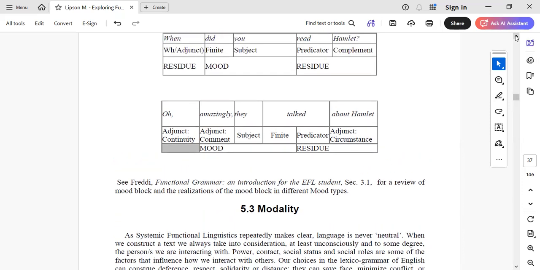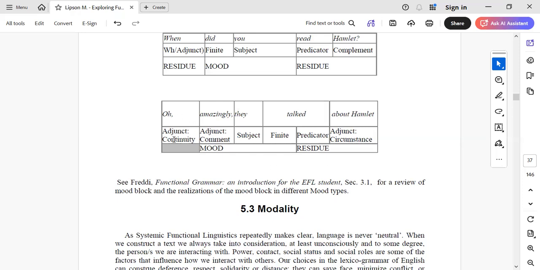For example, here you can see: oh, adjunct continuity; amazingly, adjunct comment; they, subject; talked, finite and of course predicator, because -ed is over here, right? And then about Hamlet, that is adjunct circumstance. And you can see that these can be broadly broken into two: mood and residue.